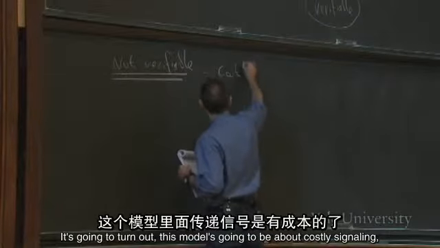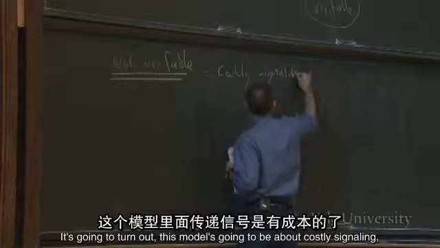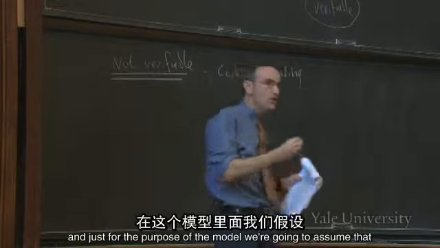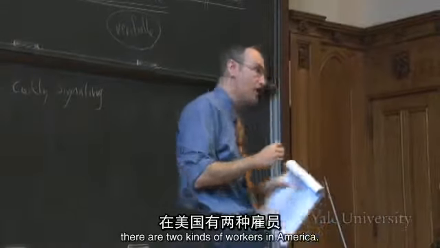This model is going to be about costly signaling. And just for the purpose of the model, we're going to assume that there are two kinds of workers in America.